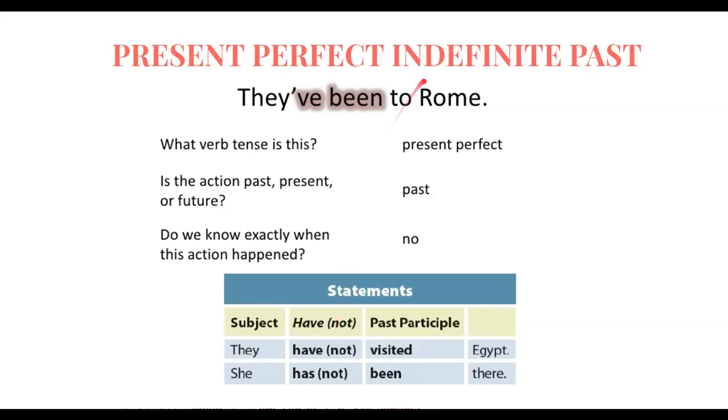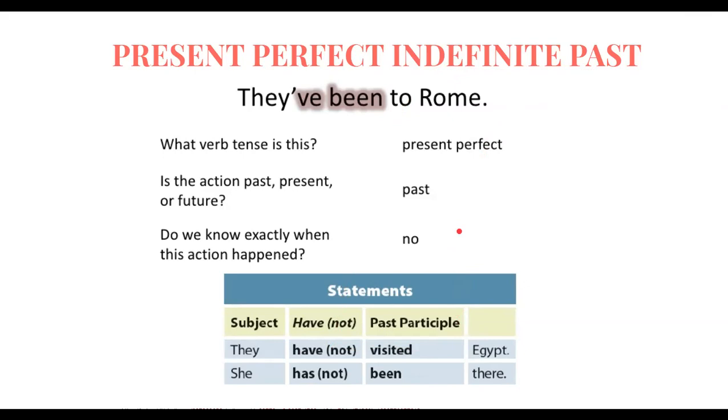But in that case, we were not talking about an indefinite past, no? Indefinite past only with affirmative sentences. All right, and well, this is it for the indefinite past, present perfect.